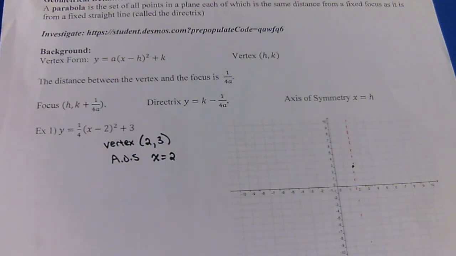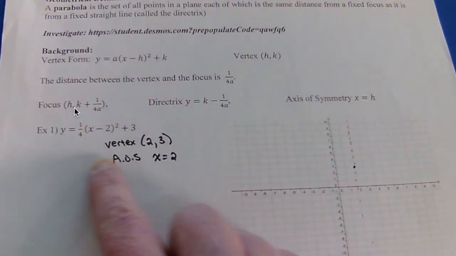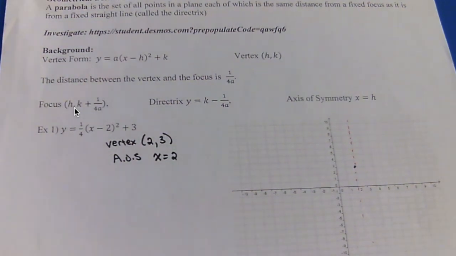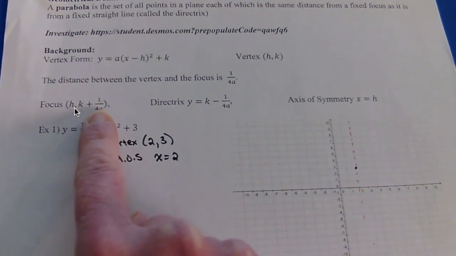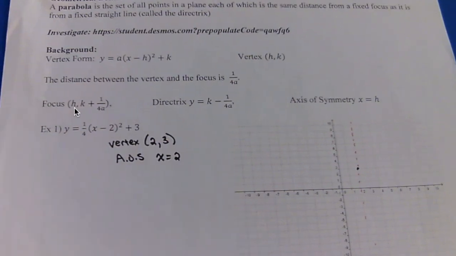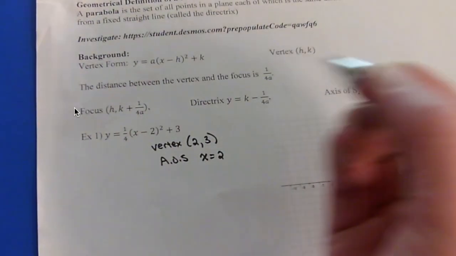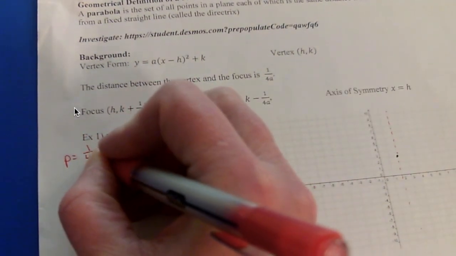So, the focus is going to be up or down. So let's think, are we opening up or down? Well, it's positive, so we're opening up. So the focus is going to be above the vertex. And so I'm going to be adding 1 over 4a. Well, a is 1/4, so I need to come off to the side, and I'm going to call this distance p. So p is 1 over 4a.